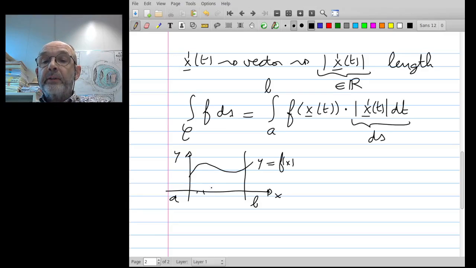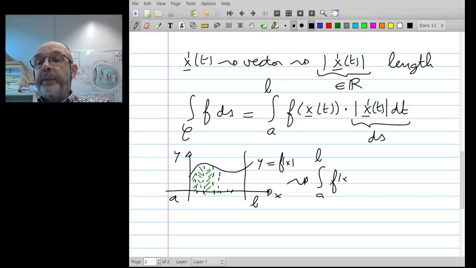Now you cut your domain into pieces and calculate the area beneath the graph, and all those areas you sum up, and then you have your integral. That is told to you: take the integral from a to b of f(x) dx, and you have your area beneath the graph.